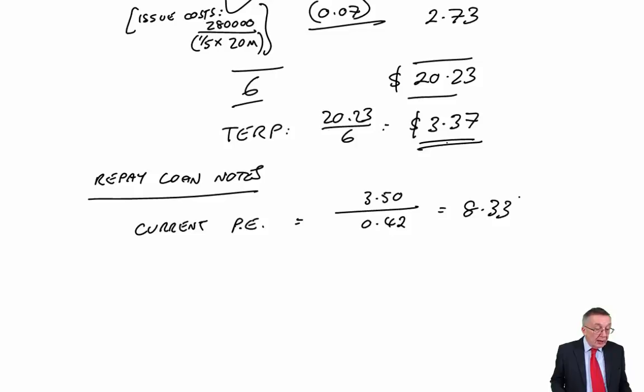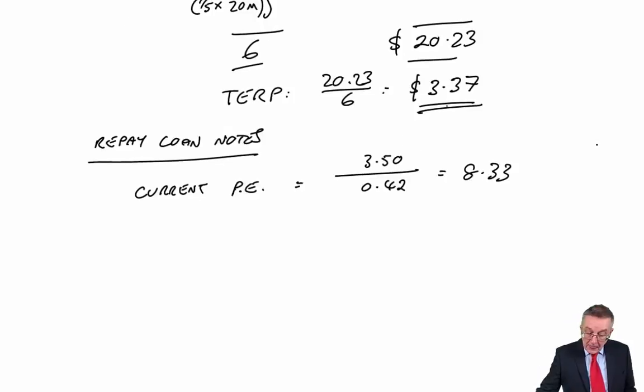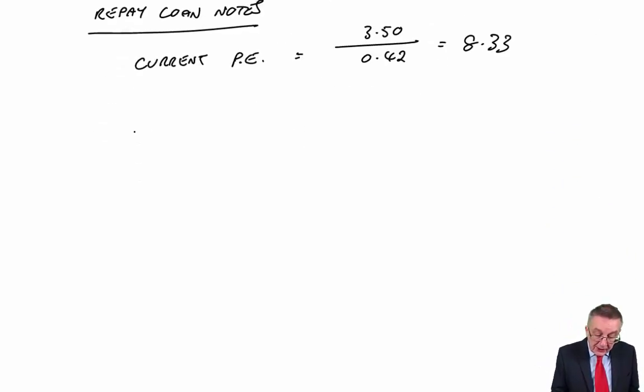And so what we're going to have to do is work out, assuming the PE ratio stays the same at 8.33, what the new earnings will be if they repay these loan notes, and therefore what the new market value will be. So let's work out the new total earnings.